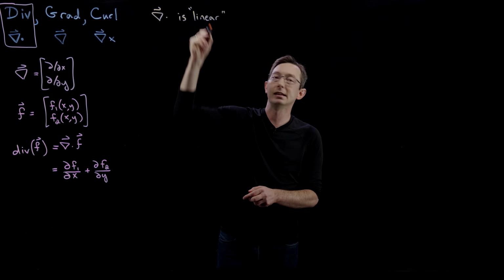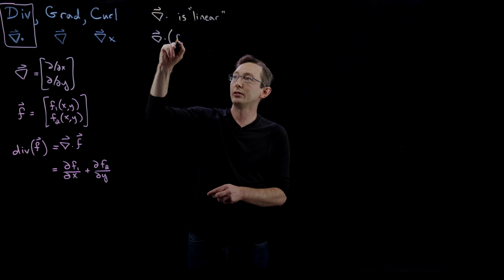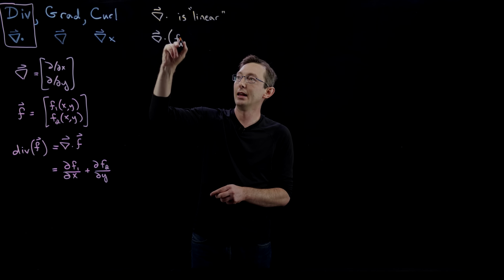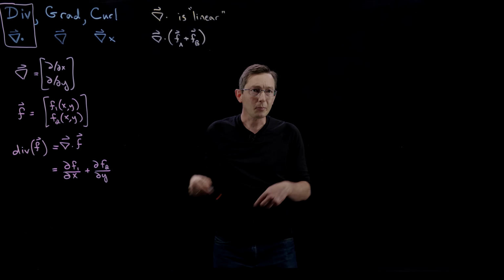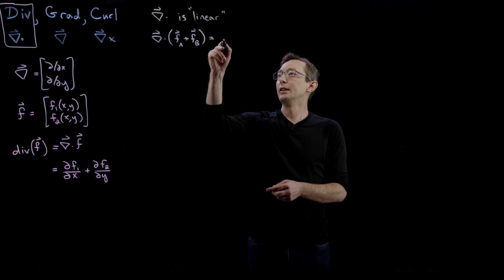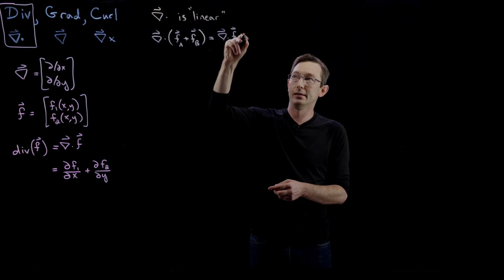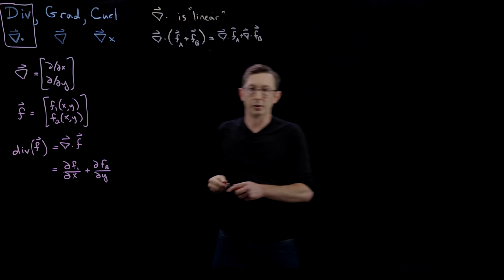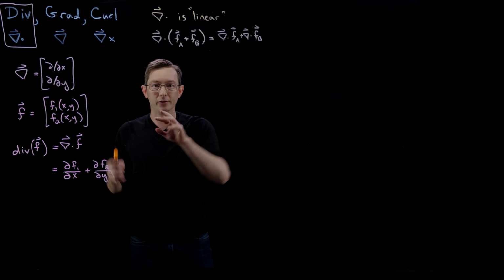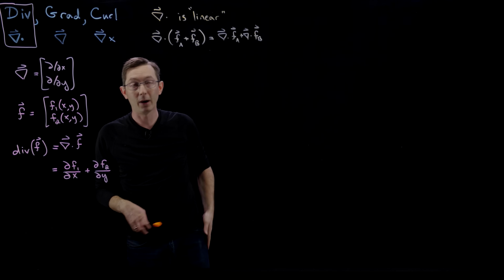And what this means is that if I take the divergence of the sum of 2 vector fields, f A plus f B, that equals the divergence of f A plus the divergence of f B, and so on and so forth. You can verify this yourself, just try this out, and you'll see that this definitely does add in a linear way.